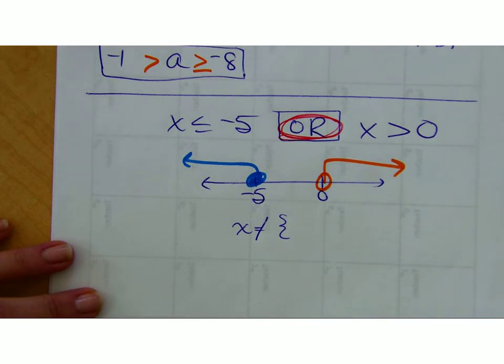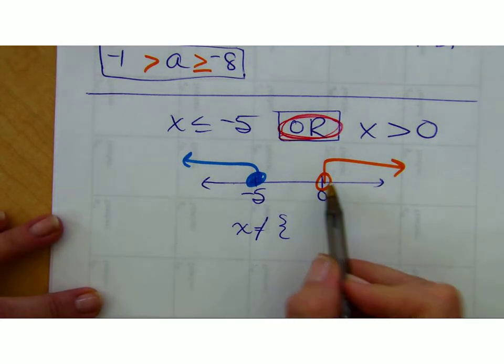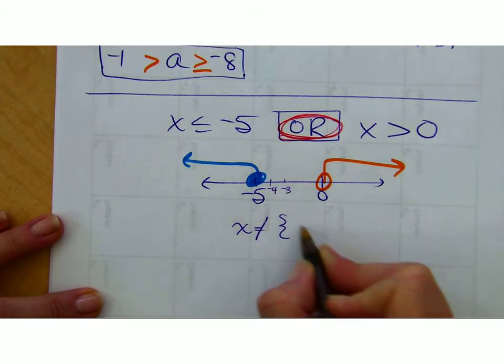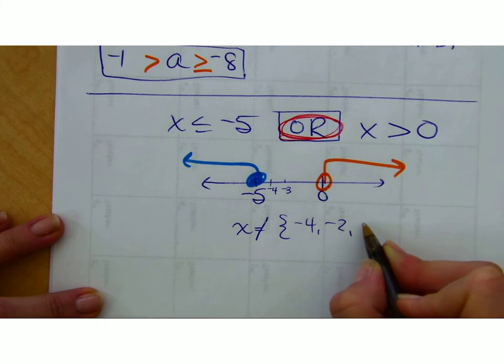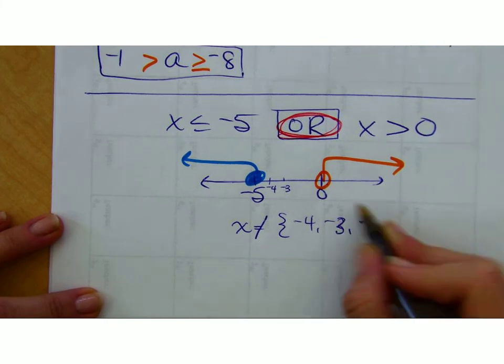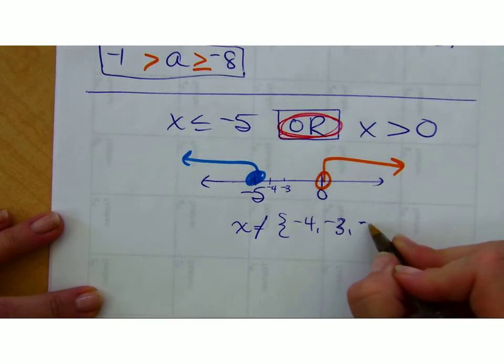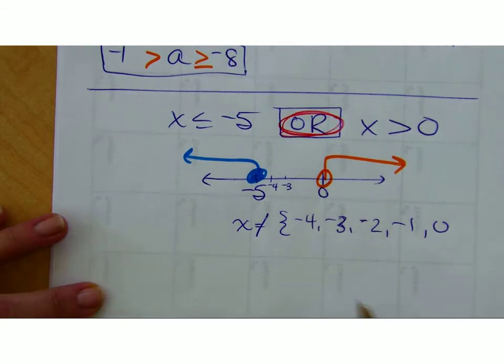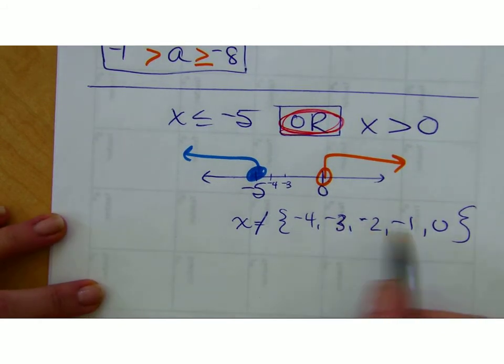James? Yeah, not equal. You have -4, -3, -2, -1. It can't be 0 either. And because 0 is not colored in, it can't be. So that is an acceptable answer as well.